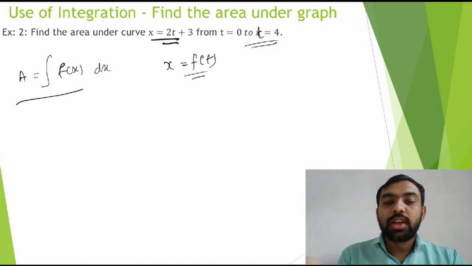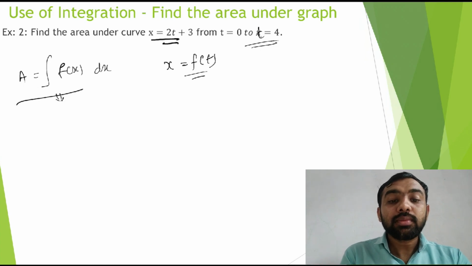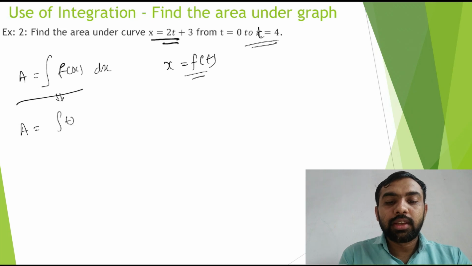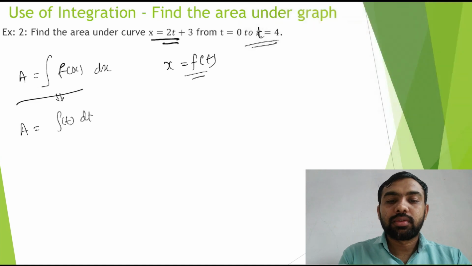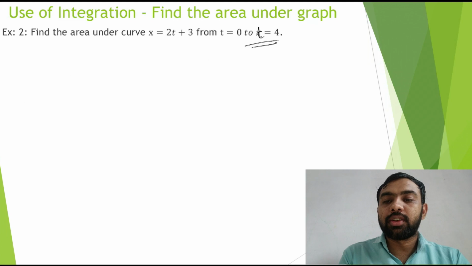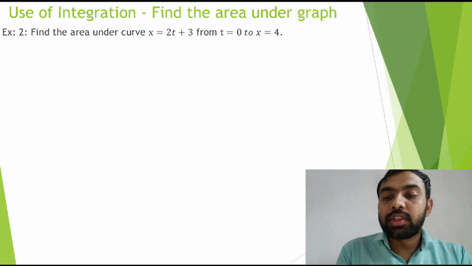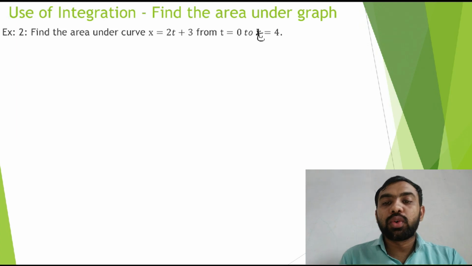So here we use this rule in this way, area is equal to f of t. Just wait, I am just writing the same thing again. Okay, let's see, suppose t is equal to 0 to t is equal to 4.